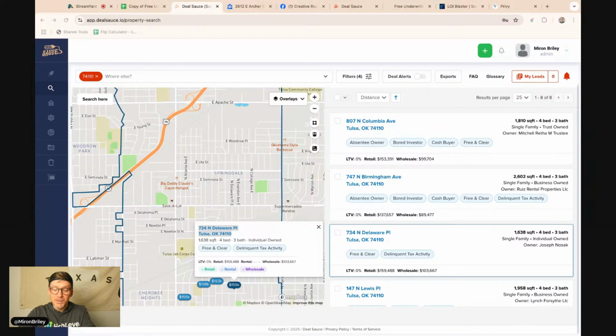Okay, you guys, I'm getting no rental. I'm getting nothing from rental. So I'm looking for a 4 3 house.